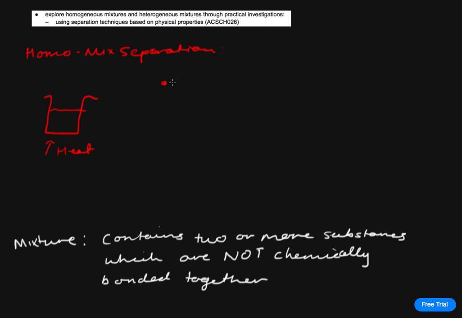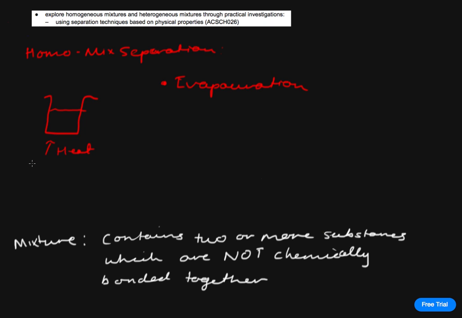One is evaporation. That's one separation technique based on physical properties. We apply heat to a mixture of two liquids, and the one with the lowest boiling point is going to go away first.